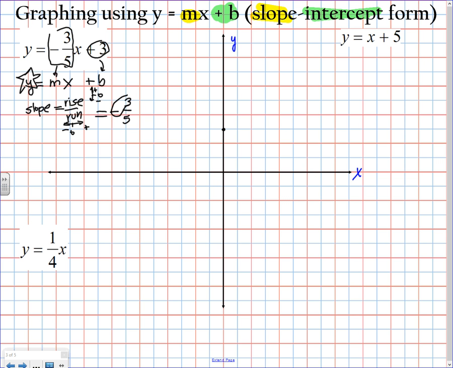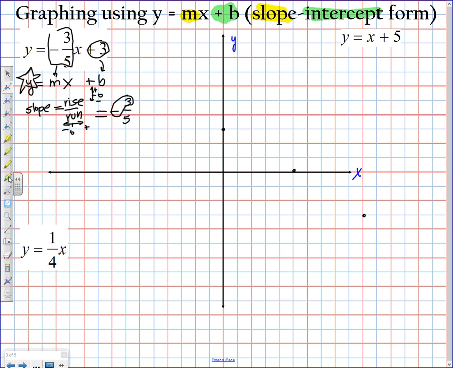So my rise is negative 3. From here, my rise is negative 3 because it's negative, so you go down 1, 2, 3, and my run is 5, 1, 2, 3, 4, 5. If you want to do it again, 1, 2, 3, rise negative 3, and run is positive 5, 1, 2, 3, 4, 5.